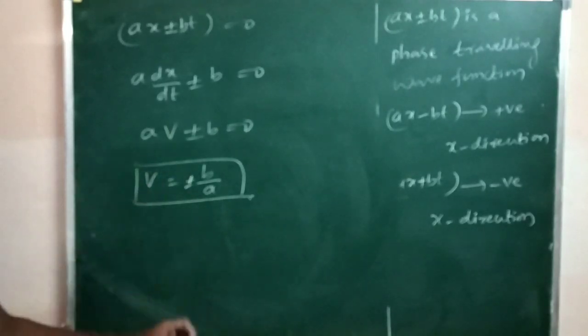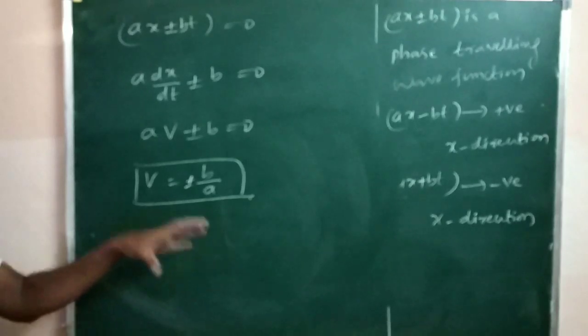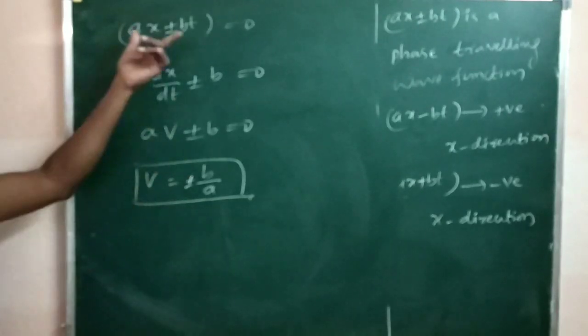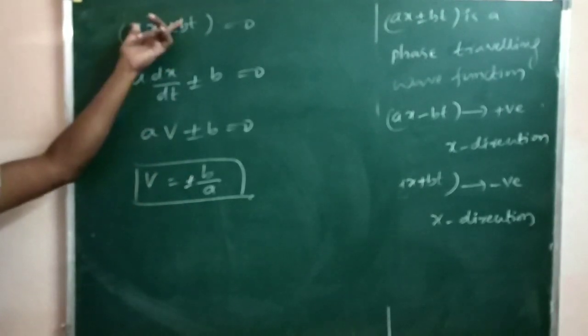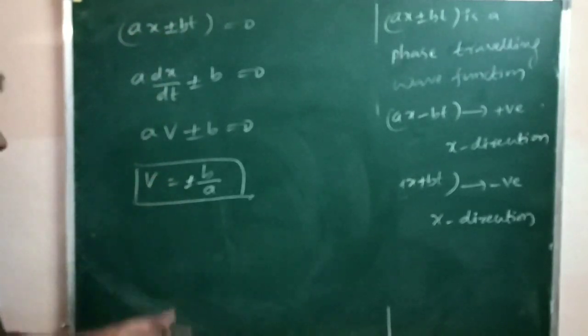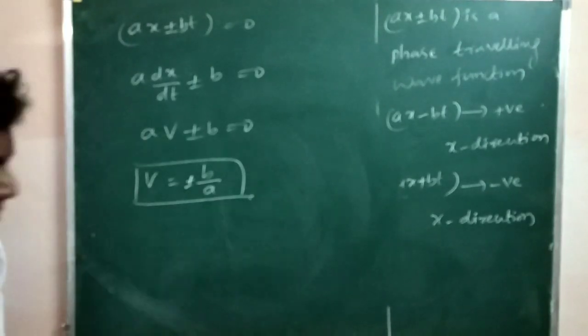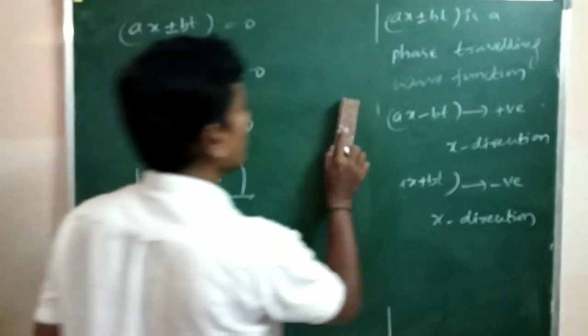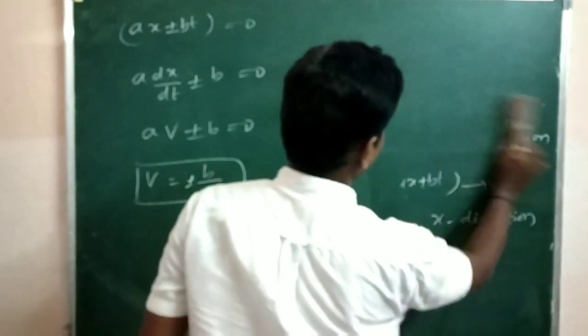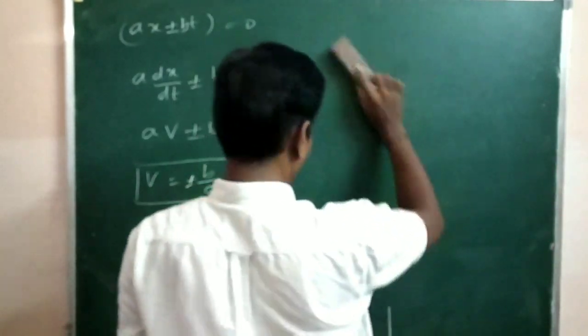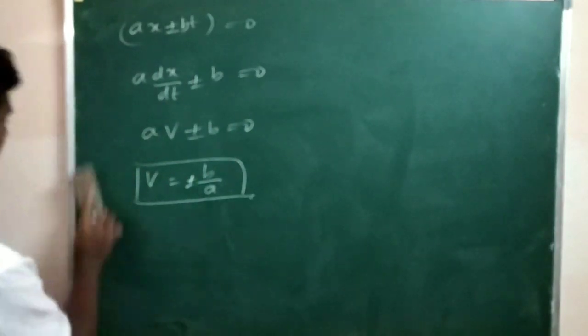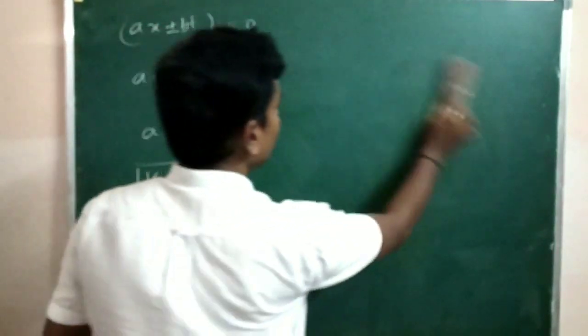When the wave shape does not change, okay, it is constant, then we have to prove the speed of the wave v equals plus or minus b by a. So the wave moves along the x, either in positive direction or in negative direction.